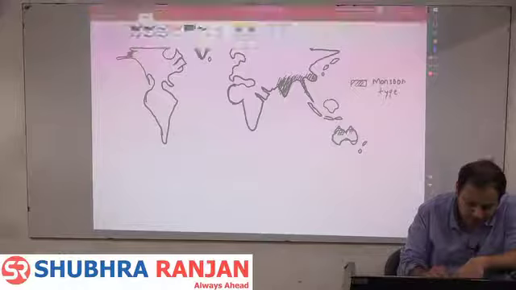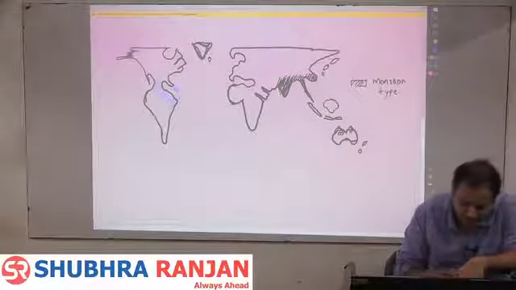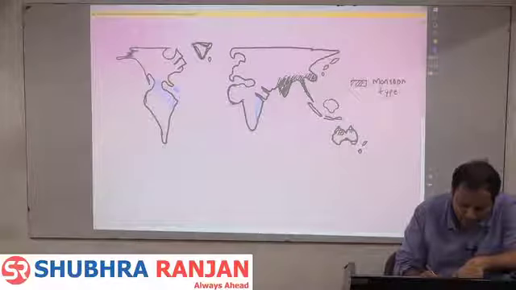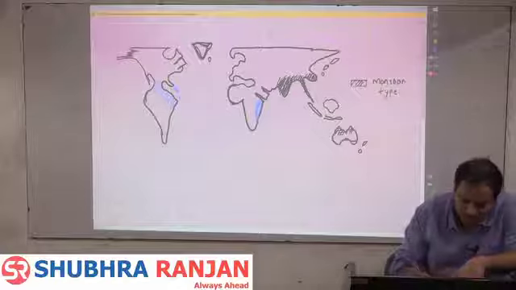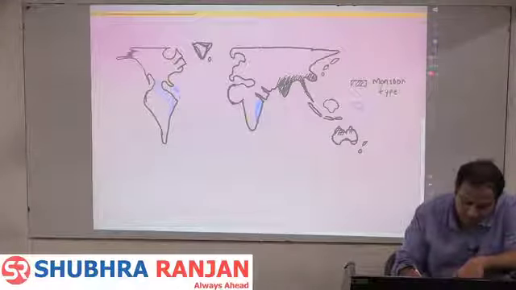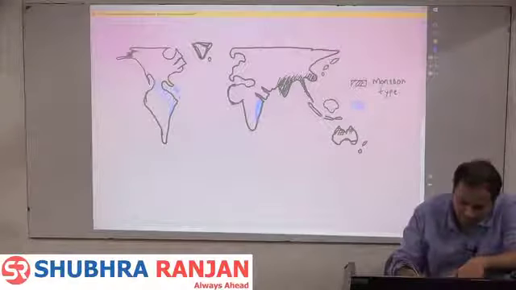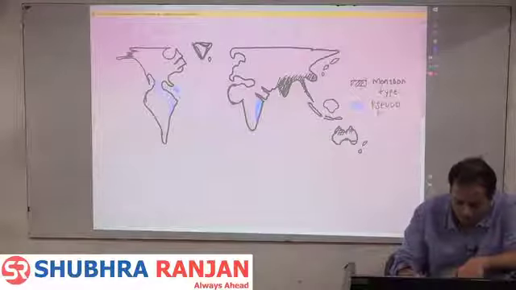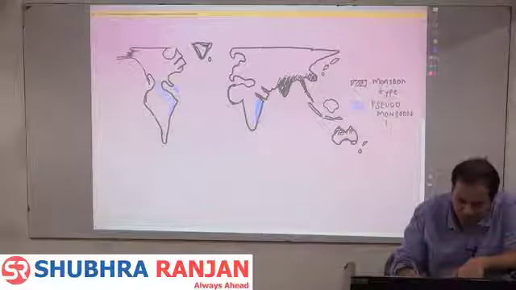There are some regions in the world which include Central America, Brazil, Cuba, Caribbean islands, this part, both in northern and southern hemisphere, which has pseudo monsoon type of climate.